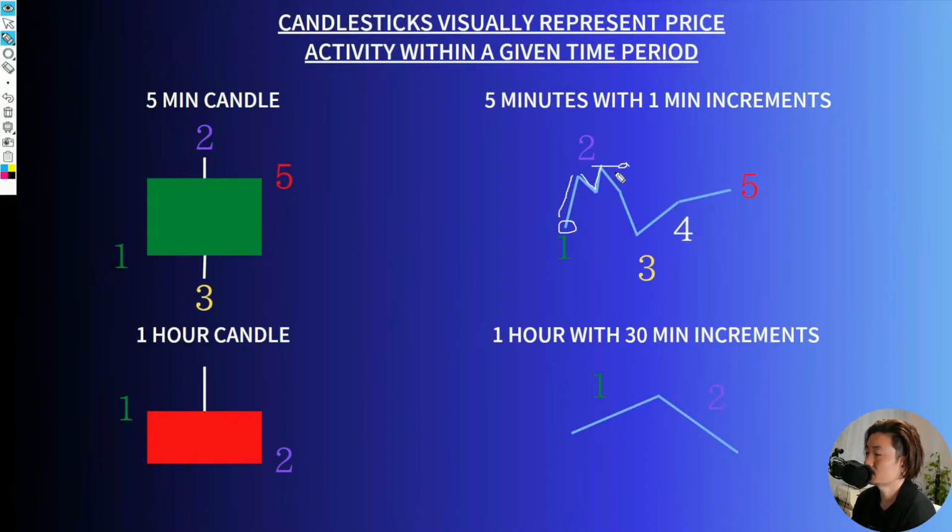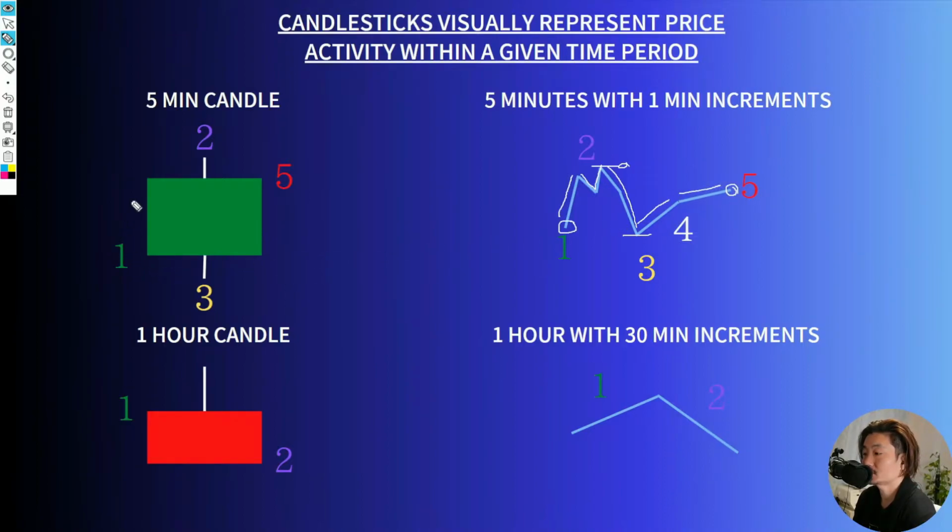And then on the third minute, price came all the way down to these levels right here and actually made the lowest point within this 5 minutes. And then on the fourth minute, price just hovered around up to here. And on the fifth minute, price came up and closed at this level right here.